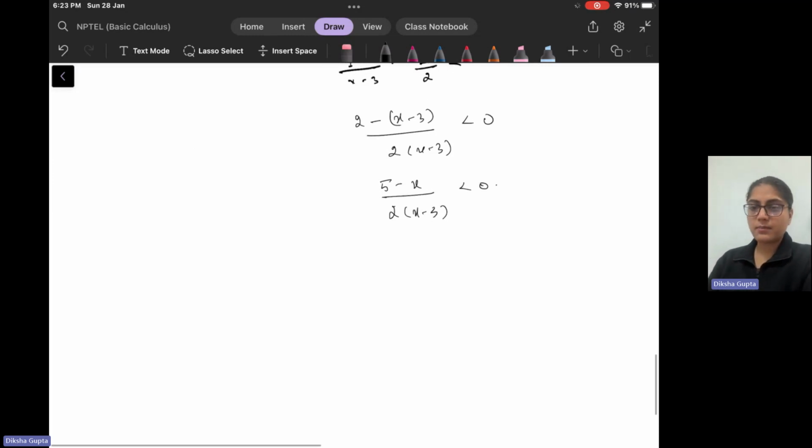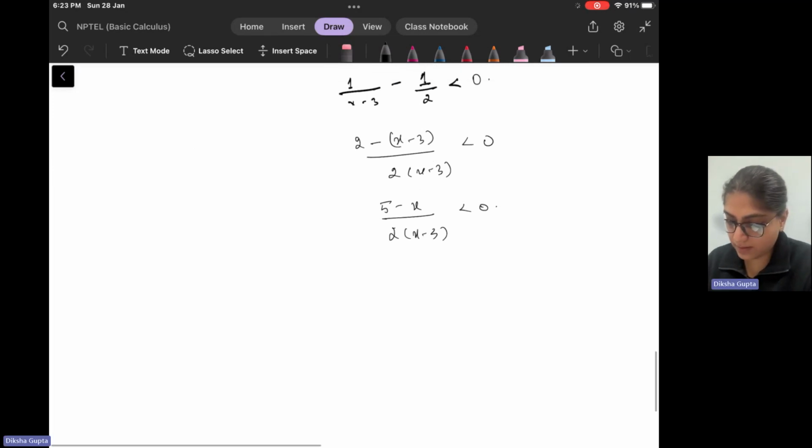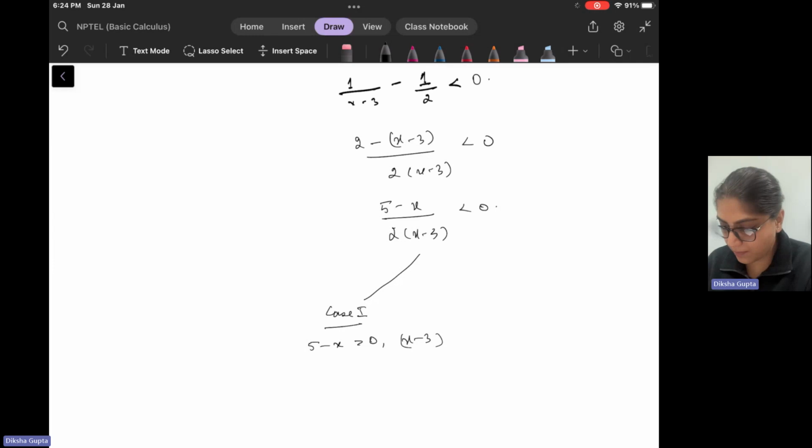So now what can happen? This fraction can be less than 0 when either the numerator or the denominator is less than 0. So again, case 1, 5 minus x is greater than 0 and x minus 3, this 2 will not play any major role, and x minus 3 is less than 0.